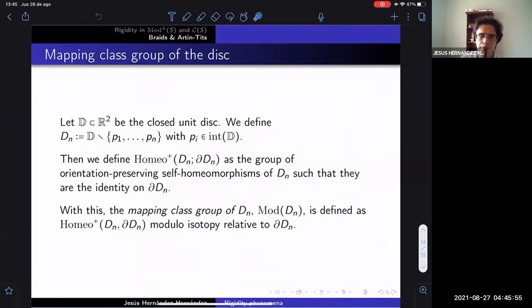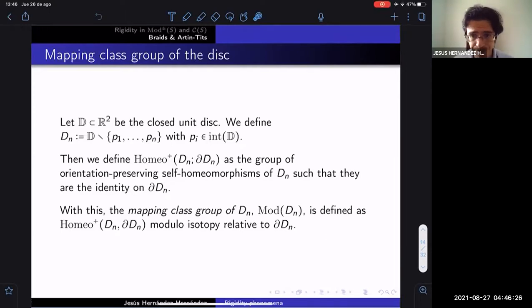So to do that, I'm going to give you some preliminaries, let's call it that. Take the closed unit disk and remove n points from its interior, and you get the n-punctured disk. Define Homeo+ as the group of orientation preserving self-homeomorphisms that, when restricted to the boundary, are the identity.